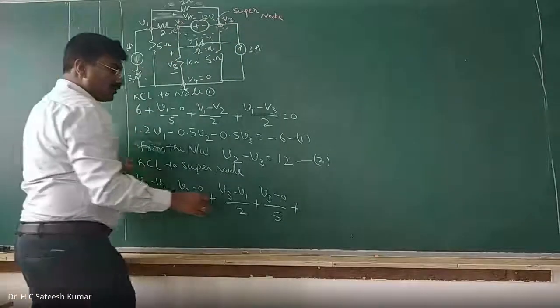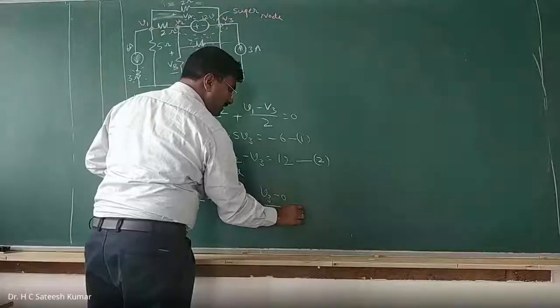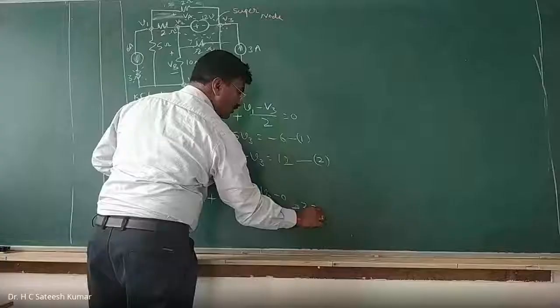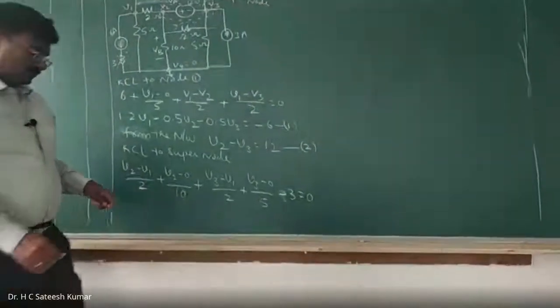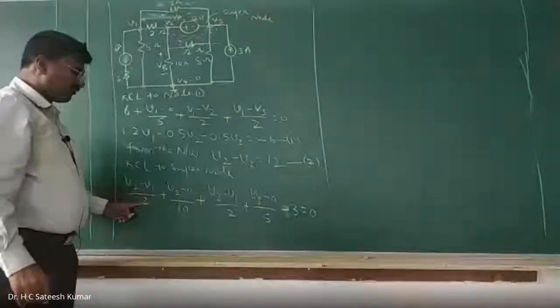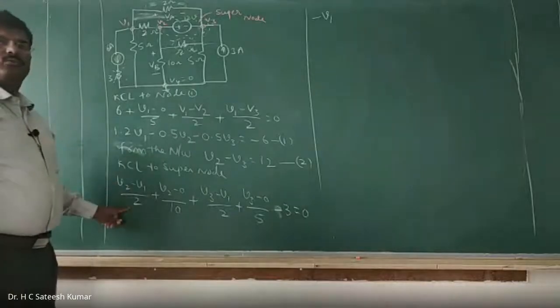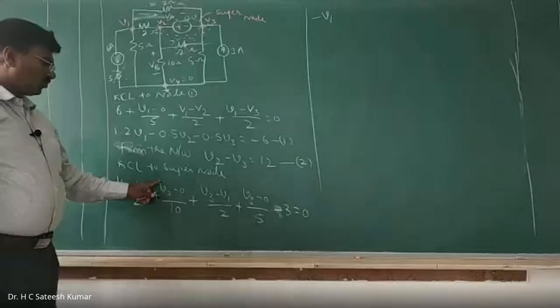Therefore, what we are going to get is equal to minus half. What about V2? V2 coefficient 1 by 2, 1 by 2 is 0.5, 1 by 10 is 0.1.